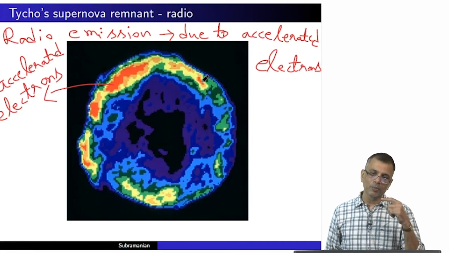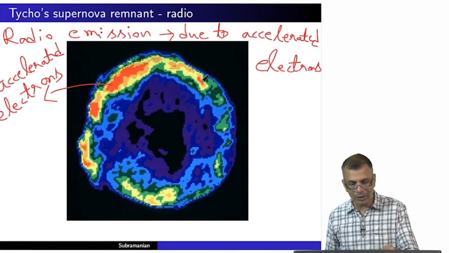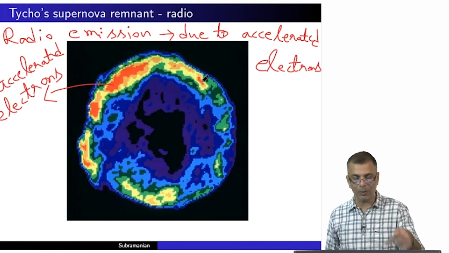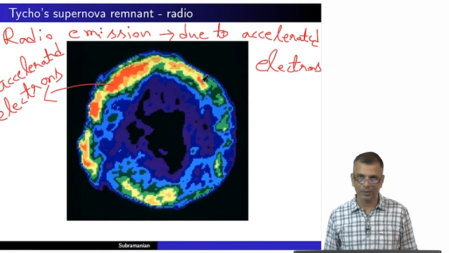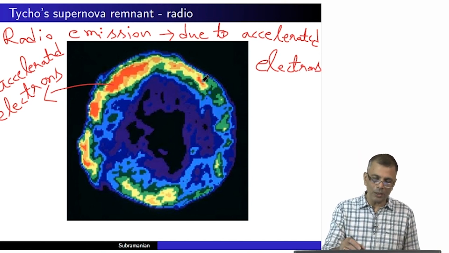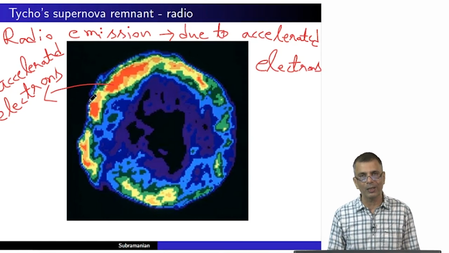Why? Because we are seeing signatures of accelerated electrons observable in the radio only at the spherical front, not at the center. And therefore this spherical front is most likely an expanding shock.